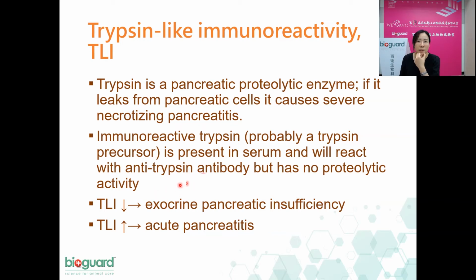Basically, this assay depends on a specific antibody, an anti-trypsin precursor antibody, and not anti-trypsin itself, because the function of trypsin is to digest protein. So we don't really have so much trypsin in the blood, as that would cause massive damage. So basically, we use an antibody specific to the trypsin precursor.